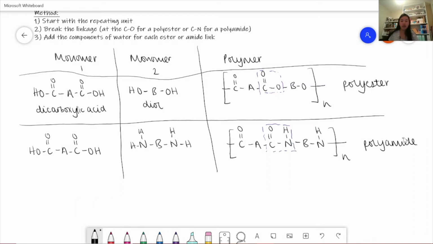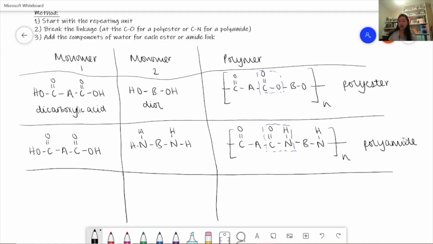And then we have one more, the one where we use amino acids. This is a dicarboxylic acid and a diamine. And this time, if we just have an amino acid, because it's got two groups on it already, we actually don't need two monomers. And then this is the amine bit of it.